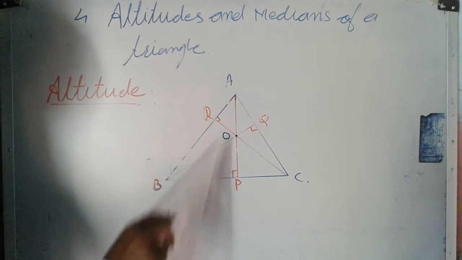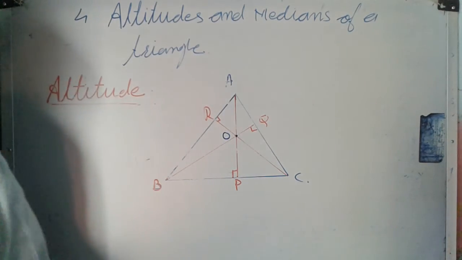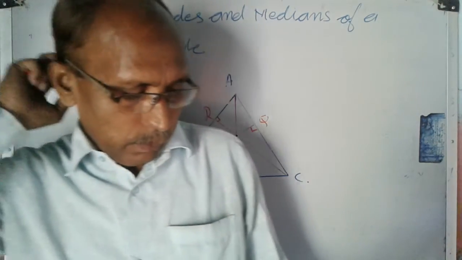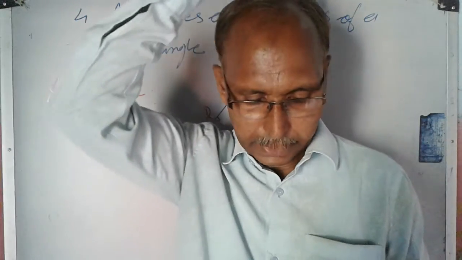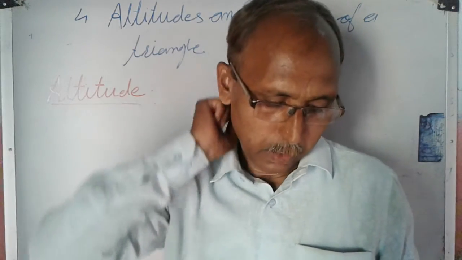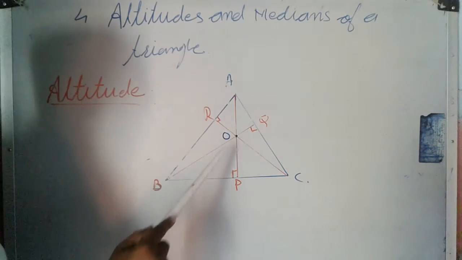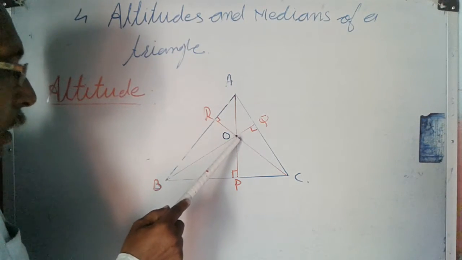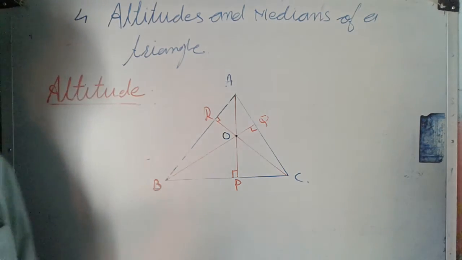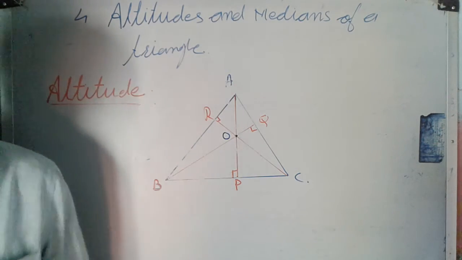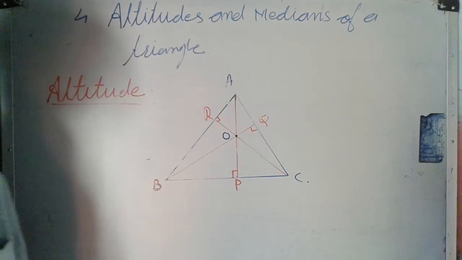They intersect in one point, and that point of concurrence is called the orthocenter. Here this point O is called the point of concurrence, and the name of this point is orthocenter of the triangle, and it is denoted by O.